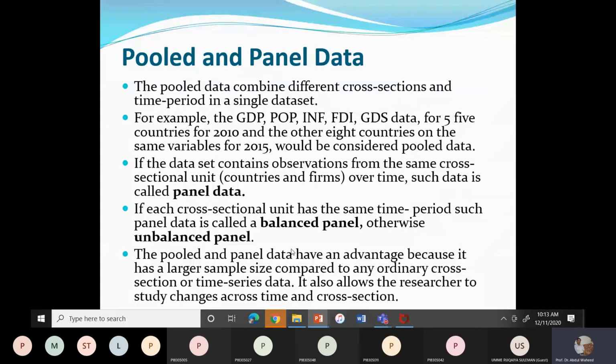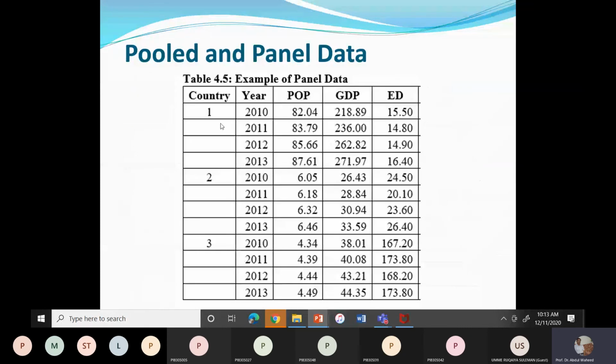Now I will show you an example. This is an example of panel data. Here we have years. For country 1, this is the population data from 2010 to 2013. For country 2, this is population data from 2010 to 2013.